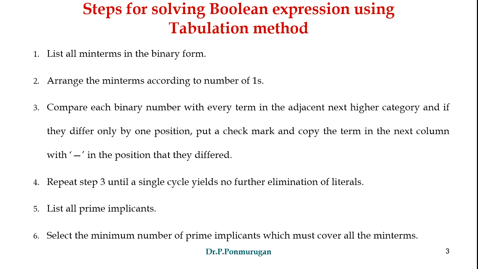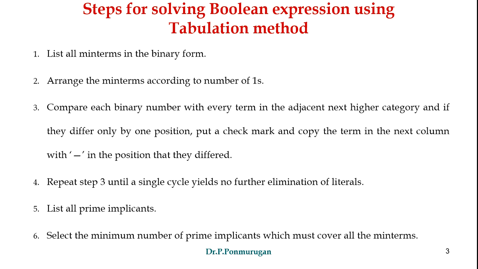We have to repeat step 3 until a single cycle yields no further elimination of literals. And finally we have to list all prime implicants, and select the minimum number of prime implicants which must cover all the minterms.